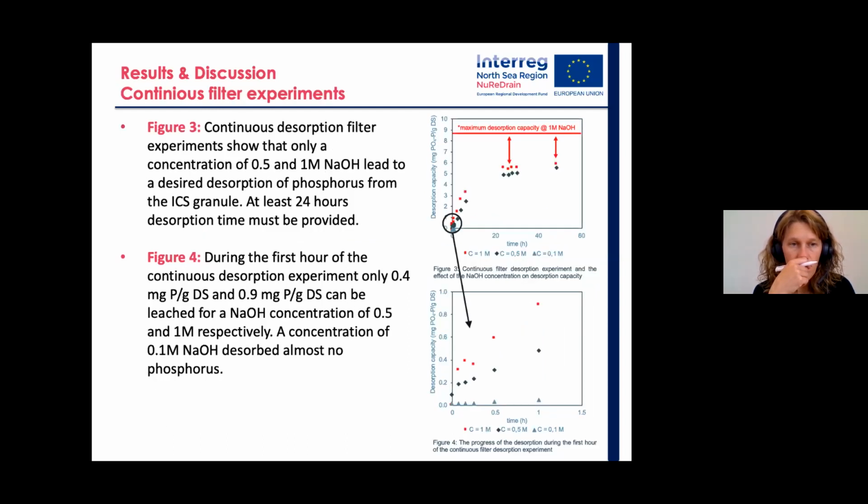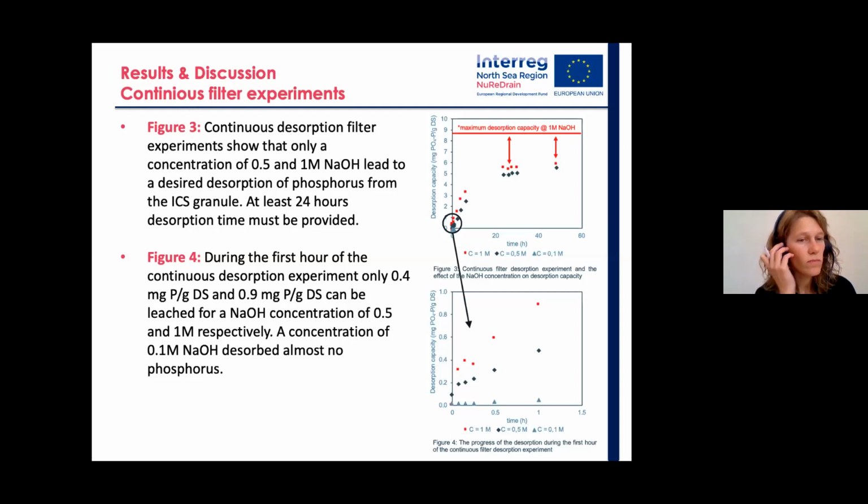Good. With this knowledge, we did some column experiments, and these columns are scaled down from bigger columns that we tested in the field. As already mentioned, the columns contain 128 grams of the granules, and then we started with different sodium hydroxide concentrations to see what is the effect of the concentration of the sodium hydroxide.